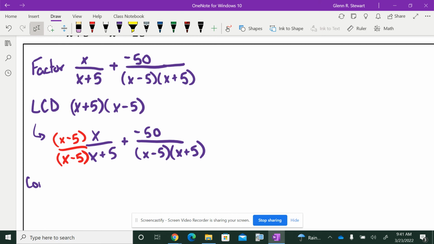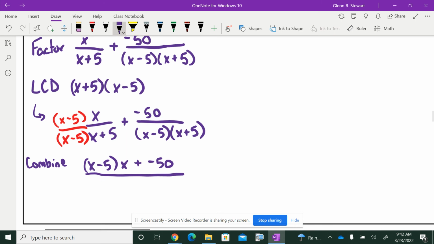So now let's combine. So I'll have x minus 5 times x plus negative 50 all over x minus 5 times x plus 5.